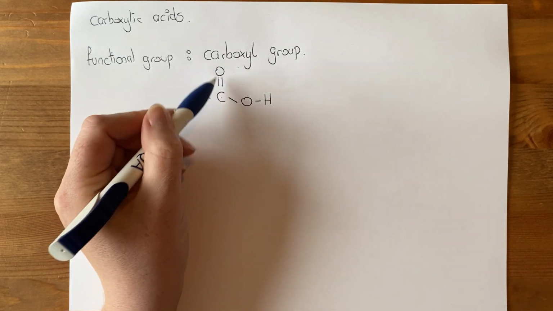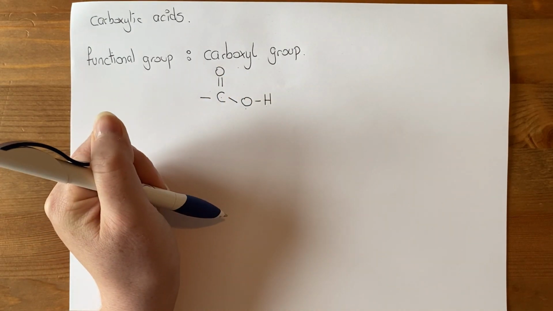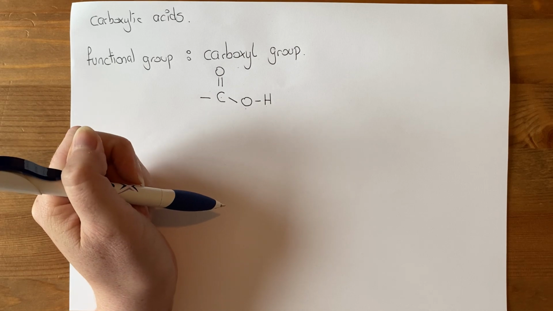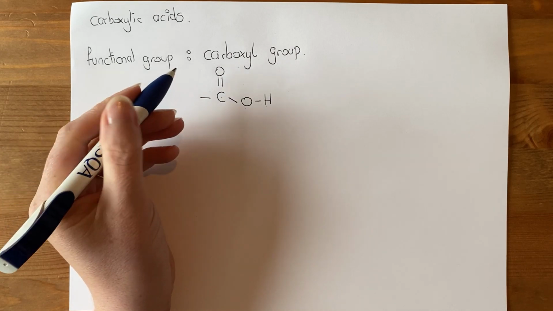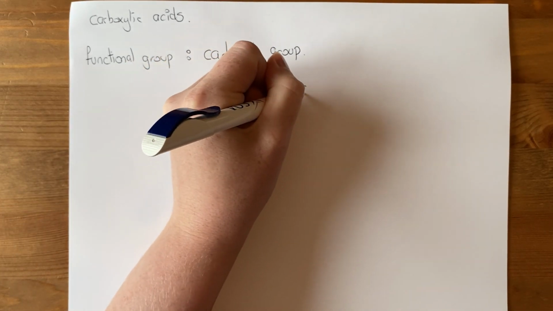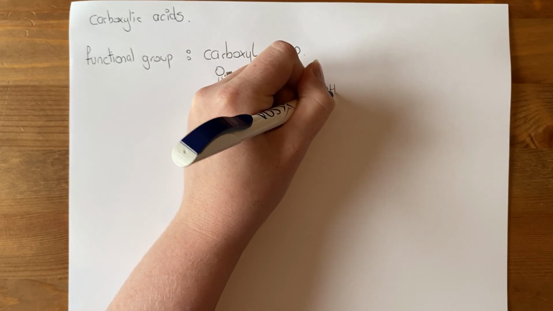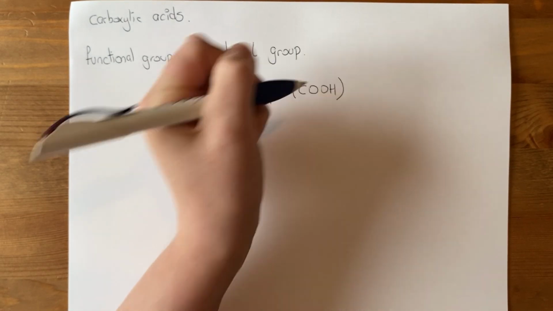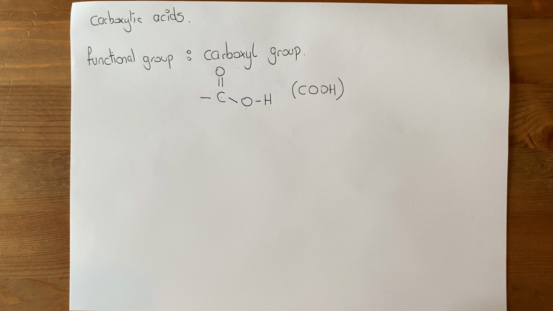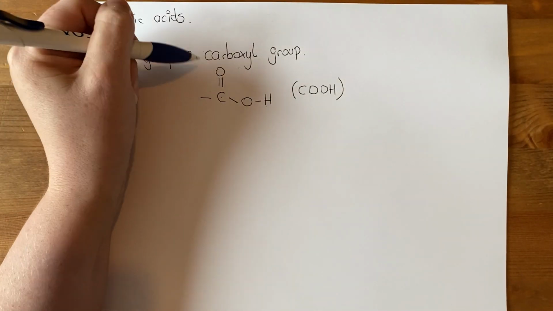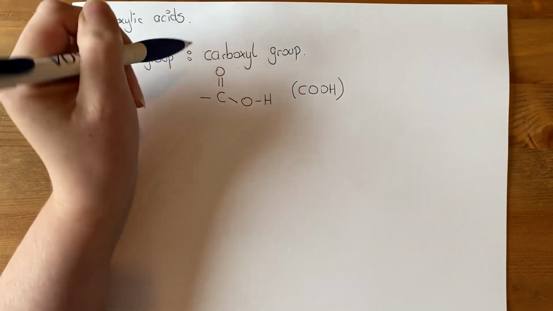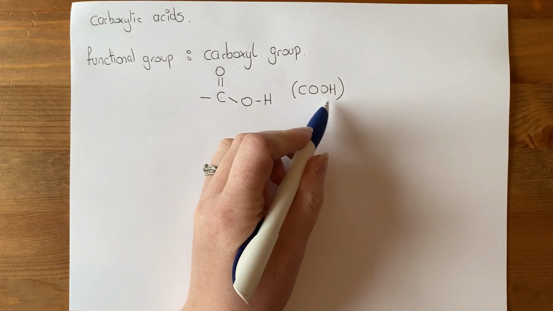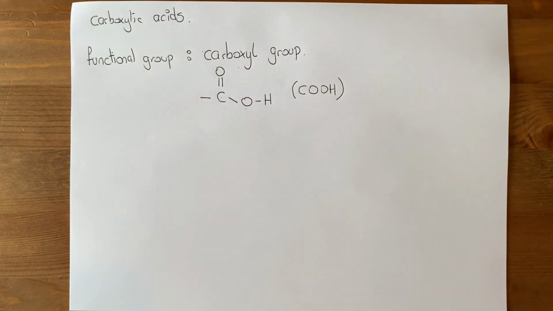This whole thing, COOH, is my functional group. You might hear some teachers refer to it sometimes as the COO group, so you'll see it written in shorthand, and I'll show you that soon, as being COOH. This comes in the shorthand and the shortened structural formula that we'll have a look at in a second.